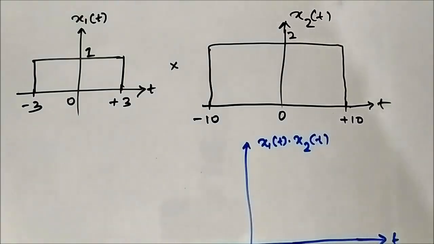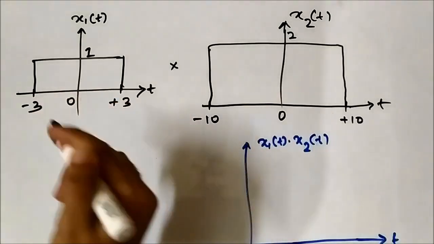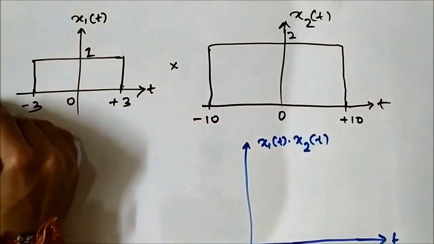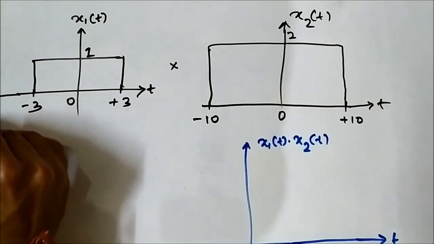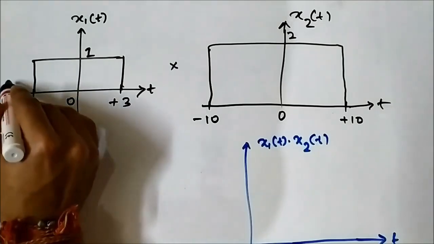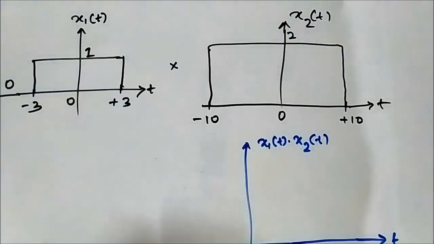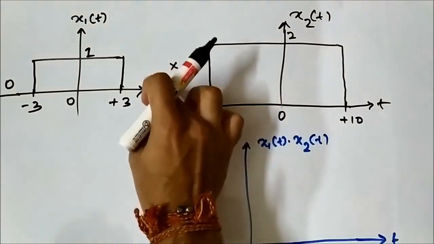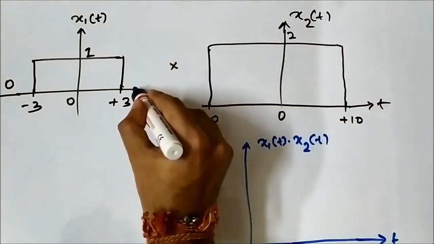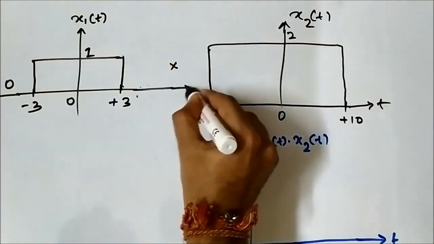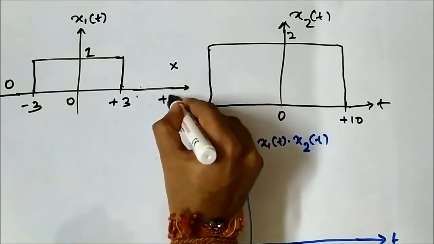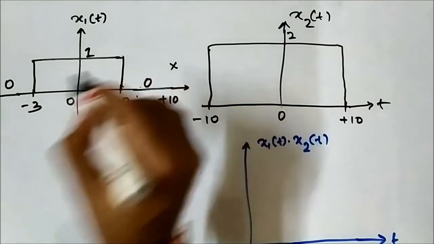So x1(t) from -10 to -3 has a value 0, and if we extend it to plus 10, it also has a value 0.